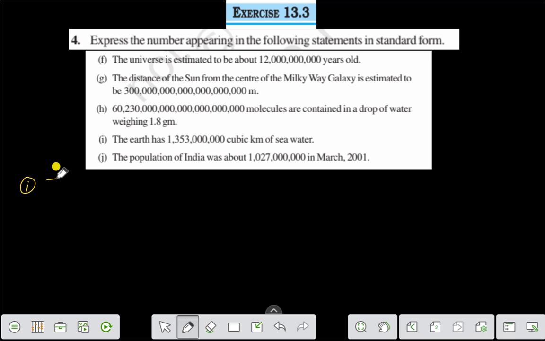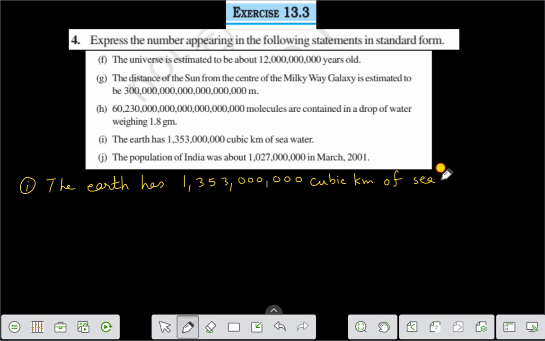The Earth has 1, 3, 5, 3, 0, 0, 0, 0, 0, 0 cubic kilometer of seawater, right?